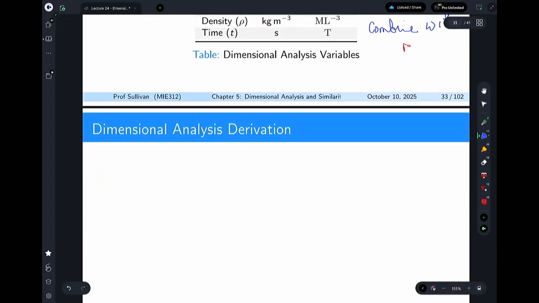So we have pi, which is what we call all of these dimensionless groups. We call them pi groups, Buckingham's pi theorem. R times E to the a, t to the b, and rho to the c. And I'm using these three variables because I have MLT that I'm going to break it down into. So I'll have three unknowns and three equations.